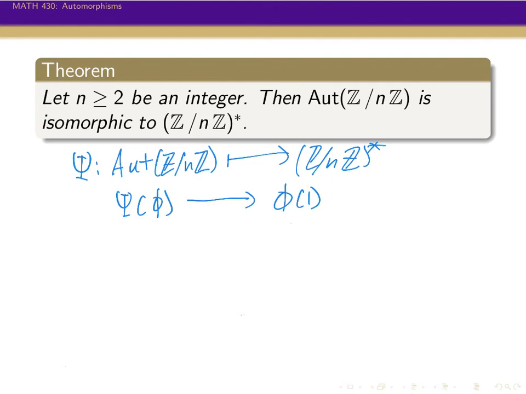Now the last thing we need to do is show that psi plays nicely with the group operations between the two groups. So let's recall that the group operation on the automorphisms is going to be functional composition, and multiplication is going to be the group operation on Z mod nZ star. And so let phi and gamma be two automorphisms.